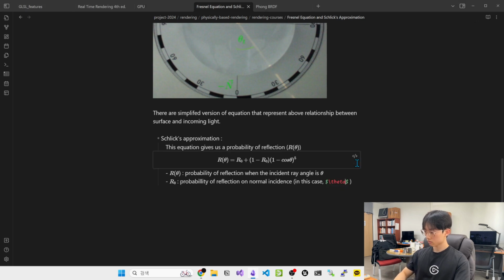And R0 can be given by this expression. We'll be talking about this. N1 and N2 are basically indices of refraction.